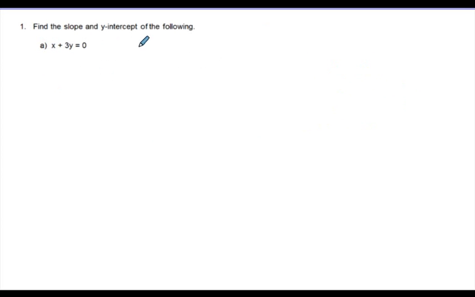Okay, this first set is going to be finding the slope and y-intercept of the following. We have x plus 3y equals 0. To find the slope and y-intercept, a good way is to find what's called the slope-intercept form, which is y equals mx plus b.